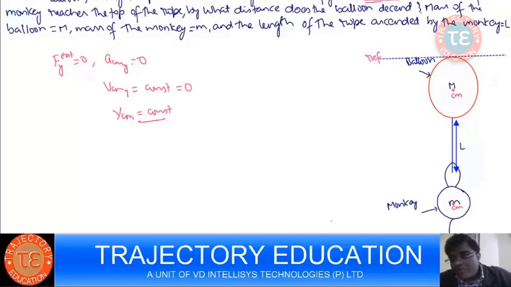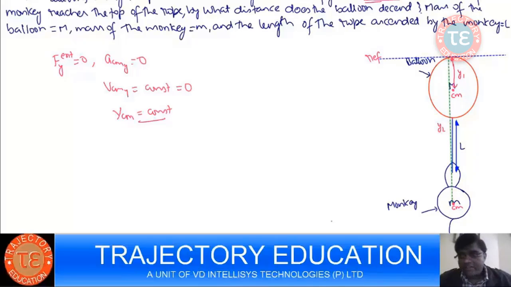Now say this is at a distance of y1, and this is at a distance of, say, y2.